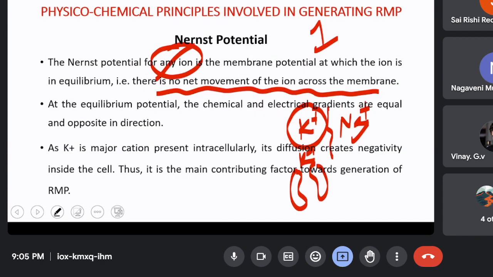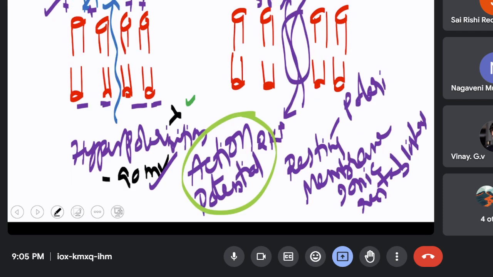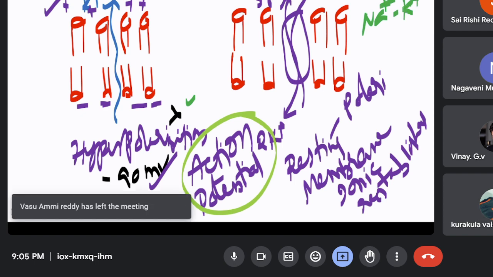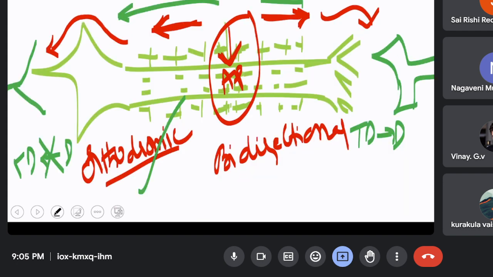The sodium potassium pump operates so that 3 sodium ions are sent out, and 2 potassium ions are sent inside. Thus, the resting membrane ionic status is said to be re-established. All these things happen only at the point of stimulus.